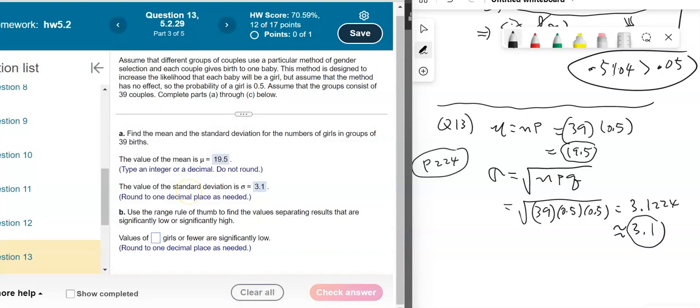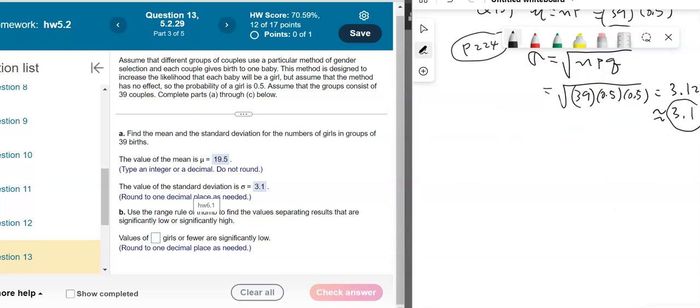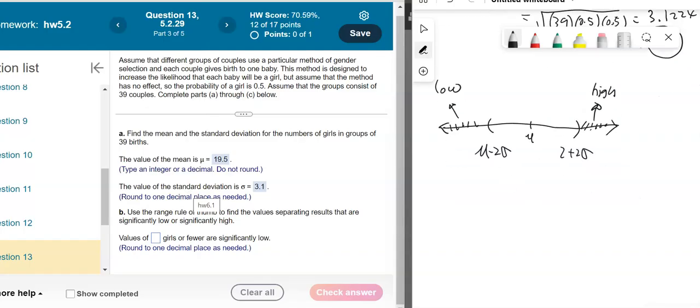Now, use the range rule of thumb. The values separating significantly low and high: I'm going to draw the line. This is mu minus 2 sigma, this is mu plus 2 sigma, and this is mu. Out here is significantly high, and over here is significantly low.